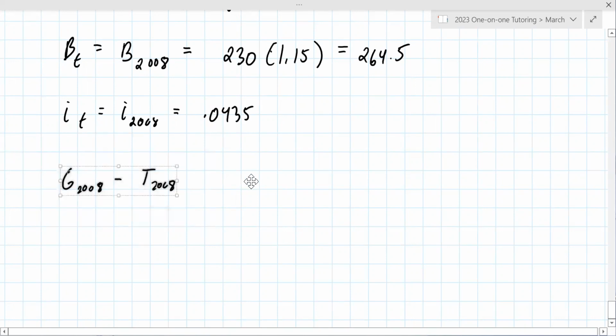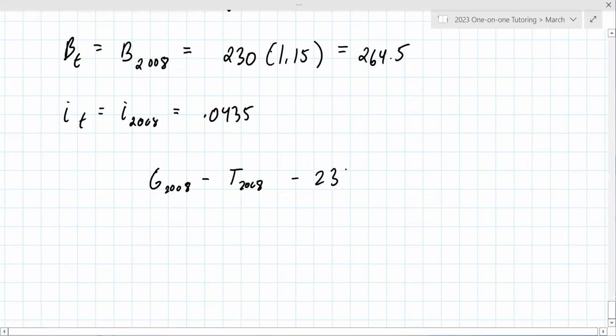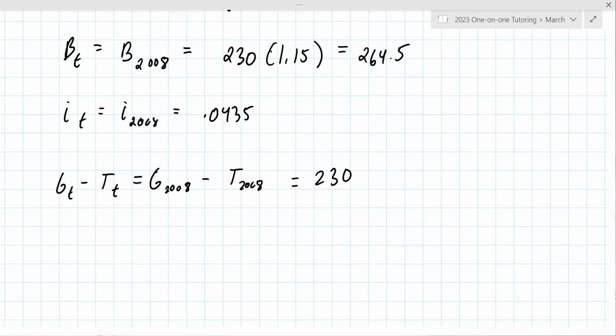They just tell you that it ran a deficit of 230, so the difference in these is 230. They're not doing any more than that.